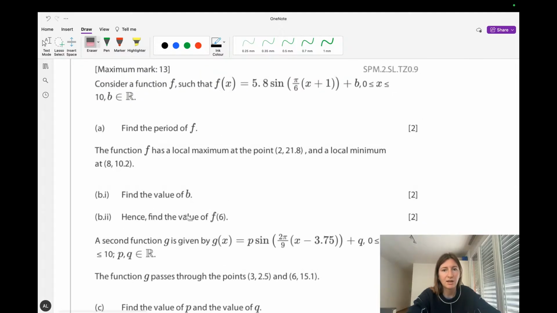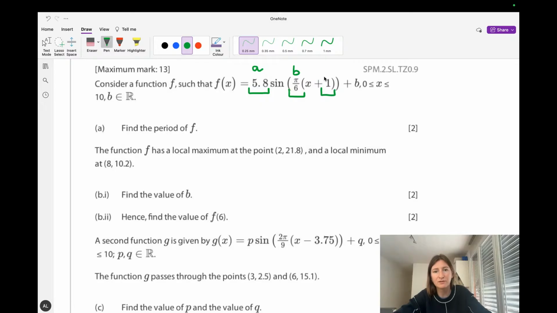This is a paper 2 question, so calculators are allowed, from the specimen paper. Right, consider a function f of x that we have 5.8 sine blah, blah, blah. They have given you most of the values, so we know that our amplitude A is 5.8. B is pi over 6.